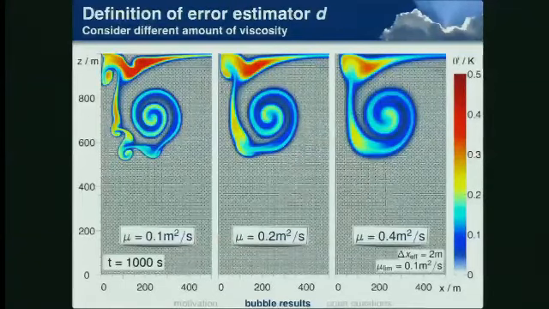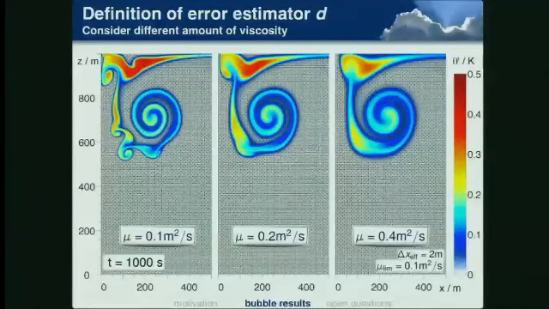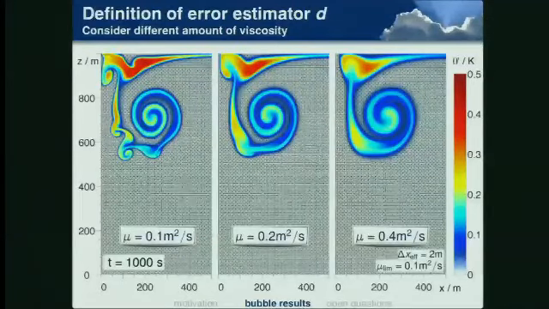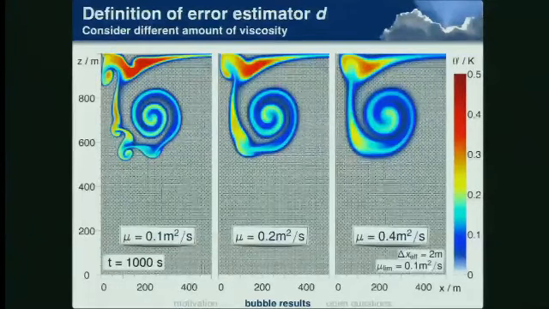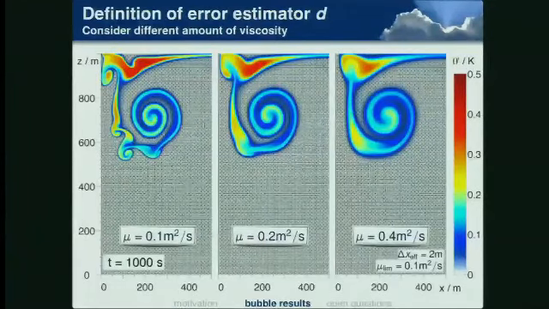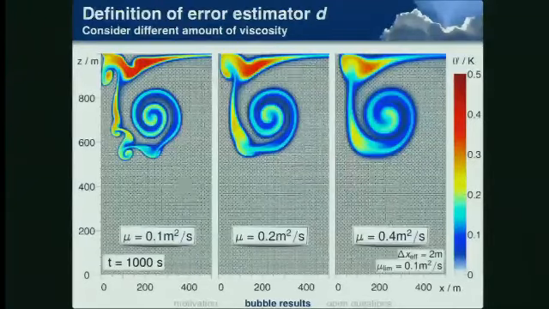That's reasonable with the explanation that they are produced by numerical errors, because if you increase the viscosity, the correct result gets smoother, and so the numerical error should decrease. And furthermore, the wind shear is decreasing due to the increased viscosity.